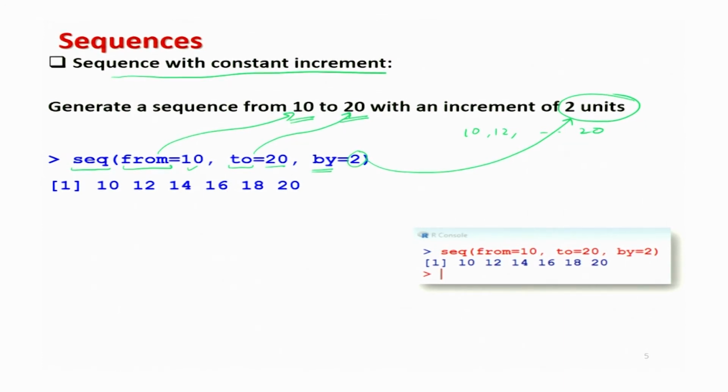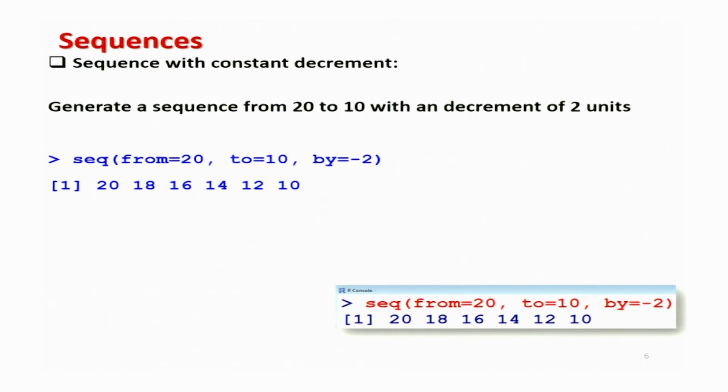So, now this is going to generate a sequence like 10, 12, 14, 16, 18 and 20. You can see from 10 it adds 10 plus 2, then 12 plus 2, 14 and so on, and this operation will continue up to 18 plus 2, but as soon as you reach 20 the R will stop here, right. So, that is not a very difficult thing.